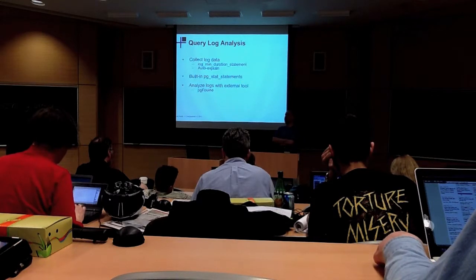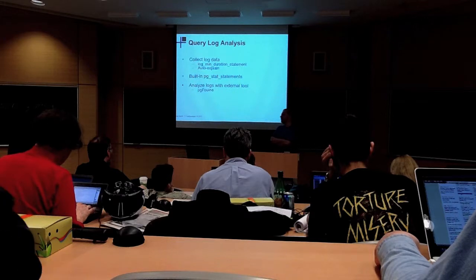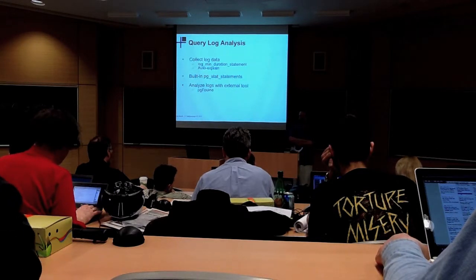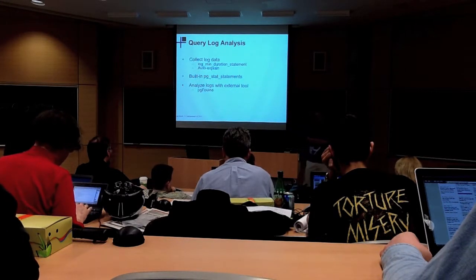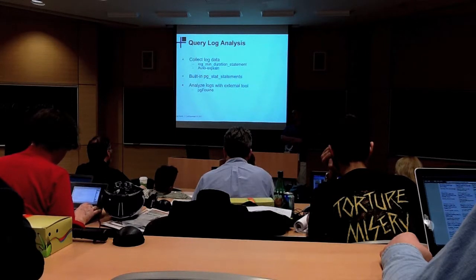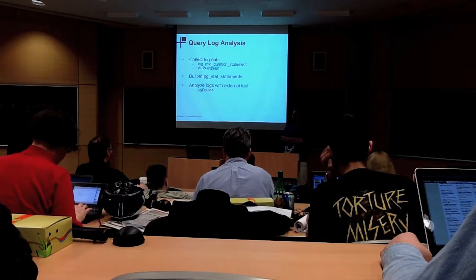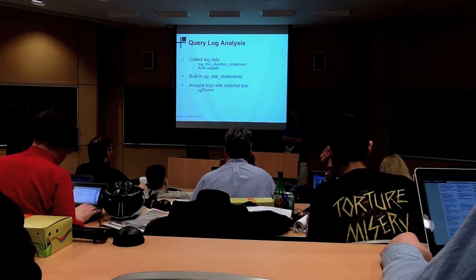Auto-explain, I also already mentioned. If you have this on, auto-explain kicks in when this threshold is exceeded. That's when it goes to log all this stuff together. There are basically two ways you can do this. You can write all the data to the log file, and then analyze it later.